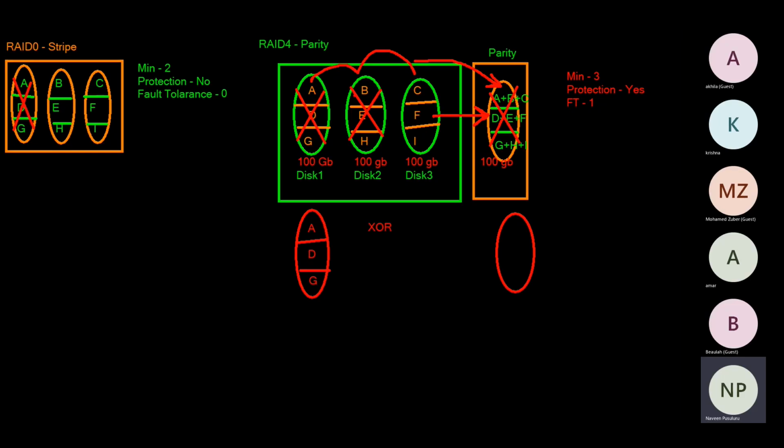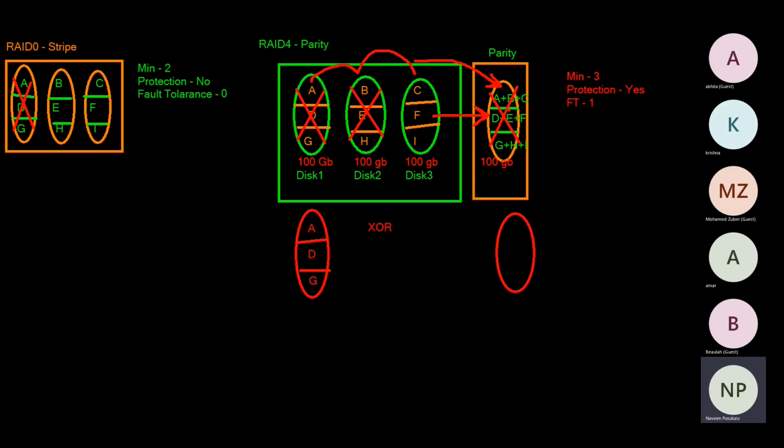It doesn't know which disk A is in, or which disk B is in. Here I'm explaining with ABCs, but normally data will be in small blocks, in digital zeros and ones. It doesn't know which blocks belong to disk one and which belong to disk two.